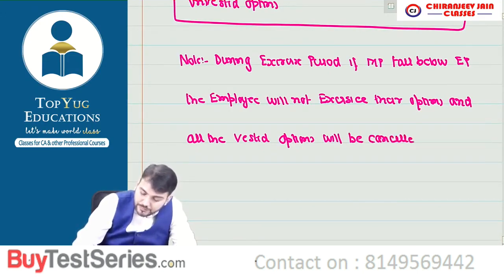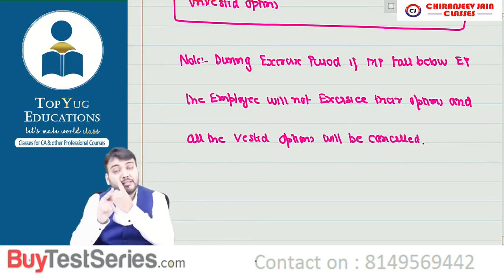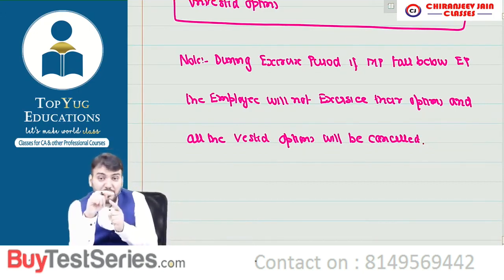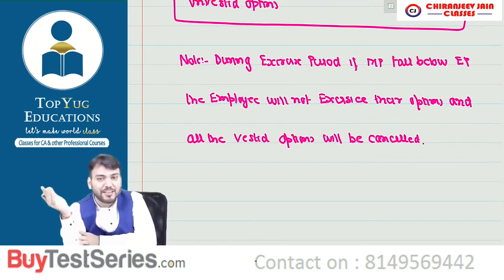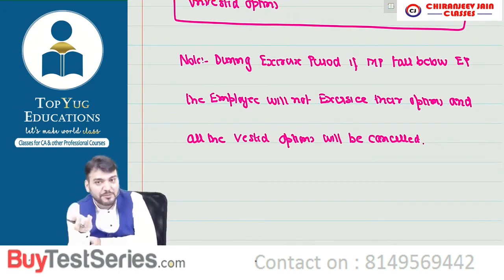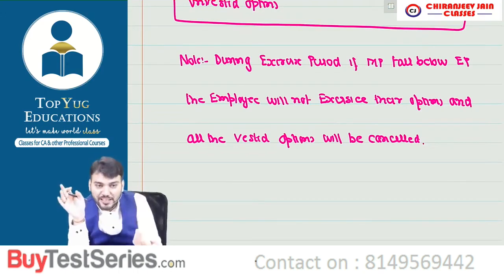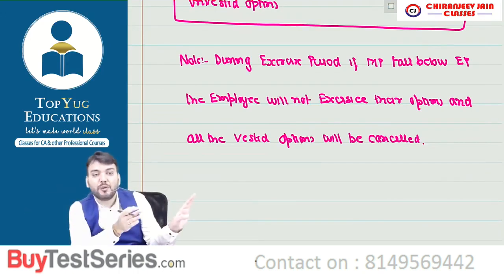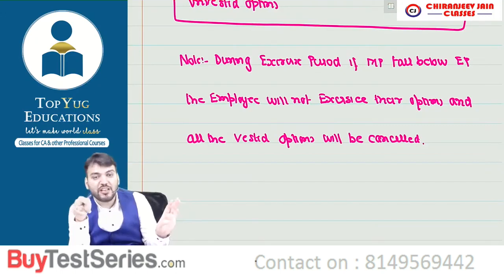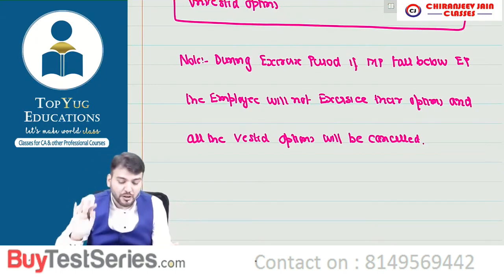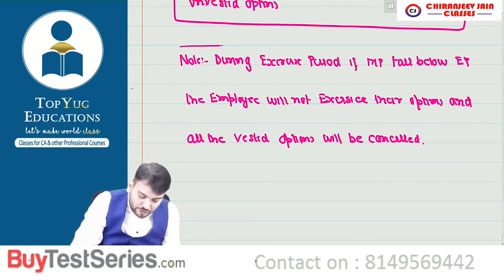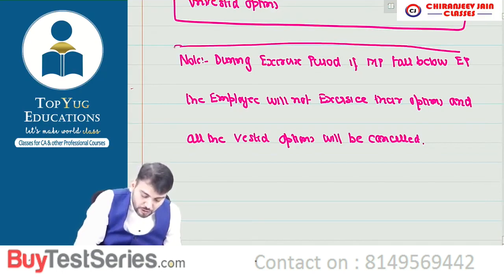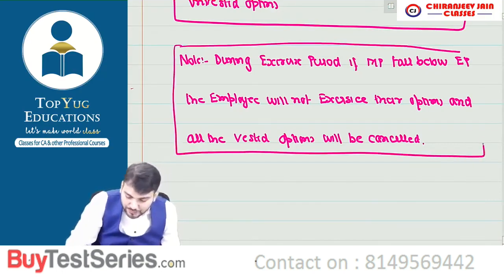Of course, they can purchase from the market instead. There is only a right but no obligation, so they will not exercise their right. So automatically all the vested options will be cancelled. Then we'll pass the journal entry for cancellation of vested options. I think you have understood this note also.